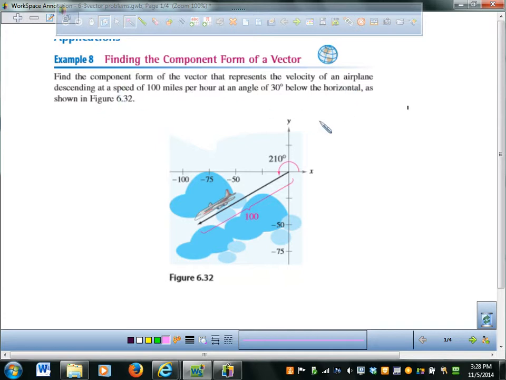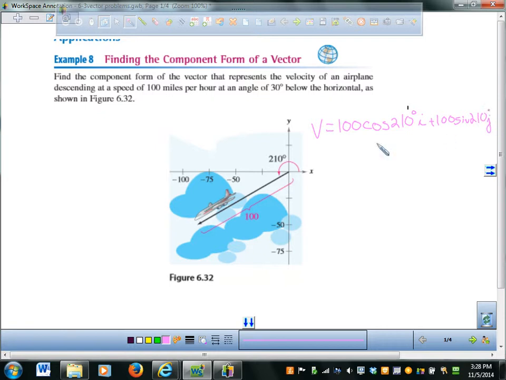So this can be written in the angle form, in the trigonometric form, as V equals the magnitude, which in this case is 100, times the cosine of 210, because that's degrees from horizontal in the I direction, plus 100 times sine of 210 in the J direction.